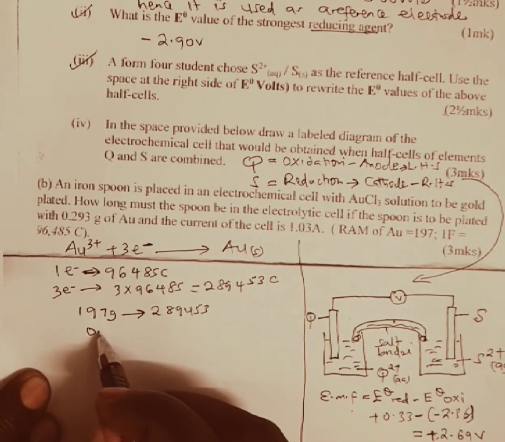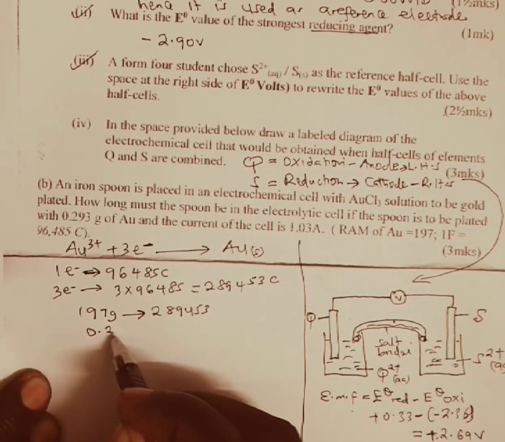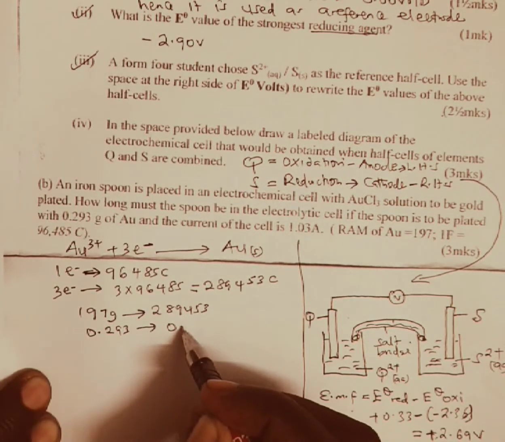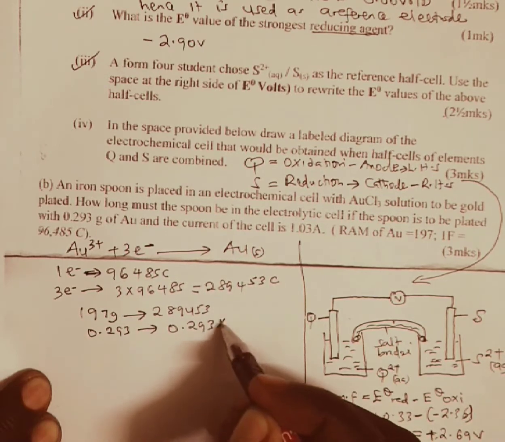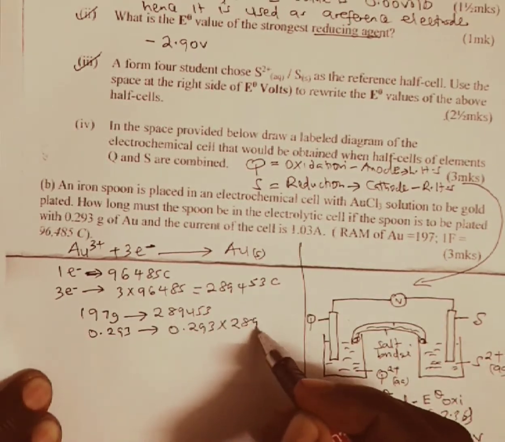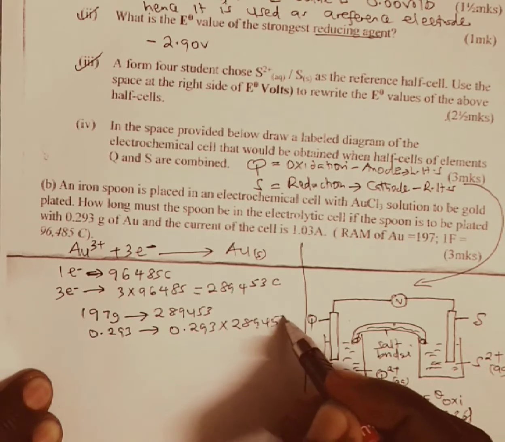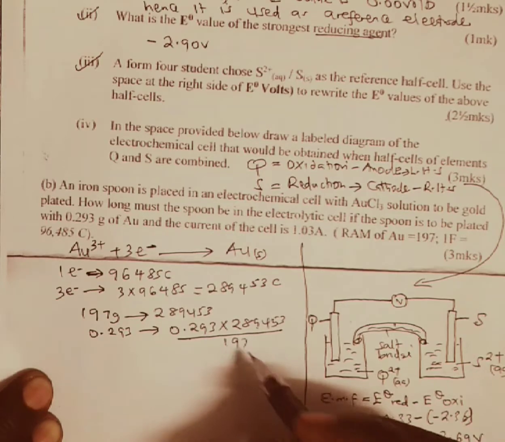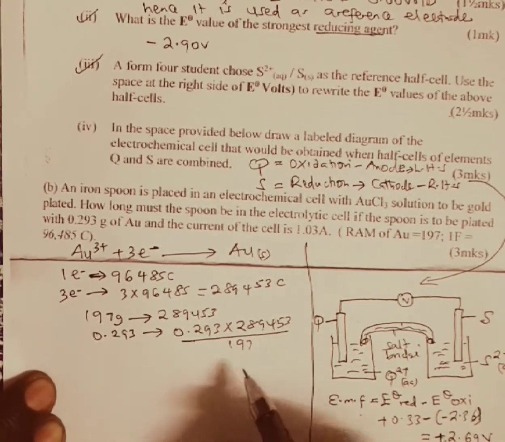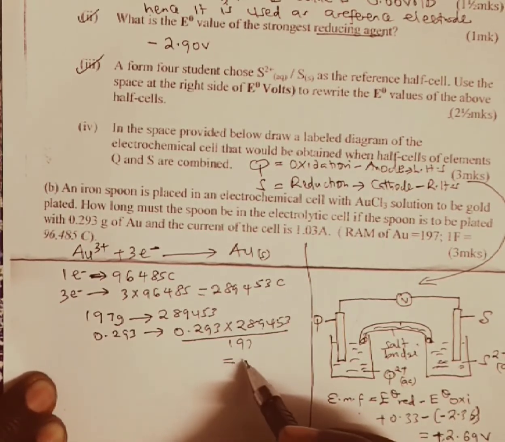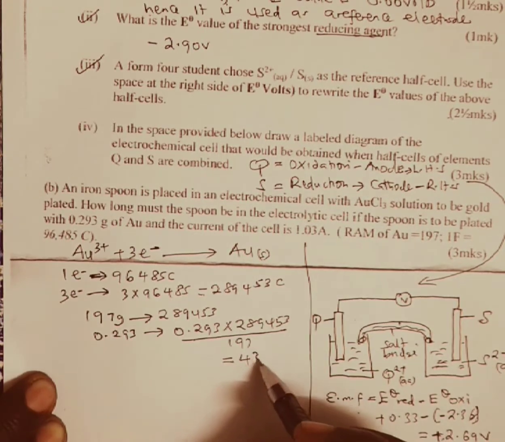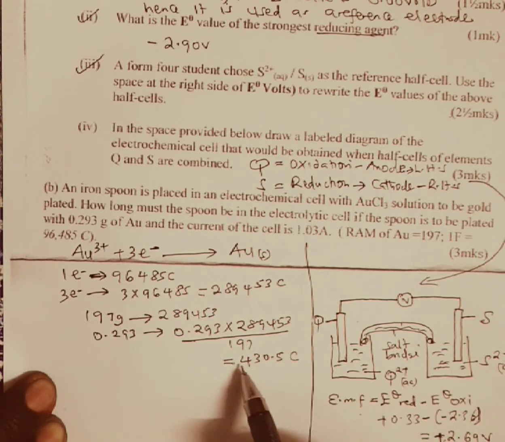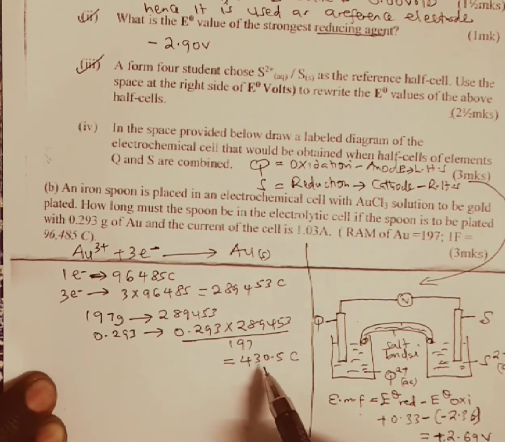Because that is the mass we want to deposit. 0.293 will be equal to 0.293 multiplied by 289,453, everything divided by 197. And if you work out this one, you are going to get 430.5 coulombs.